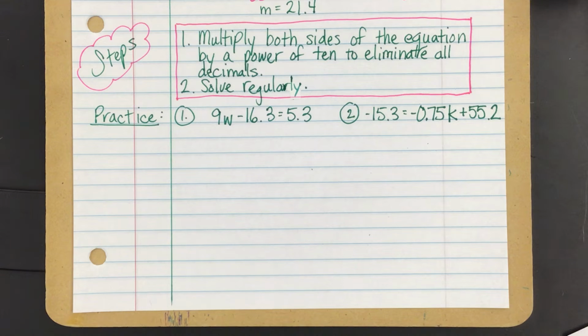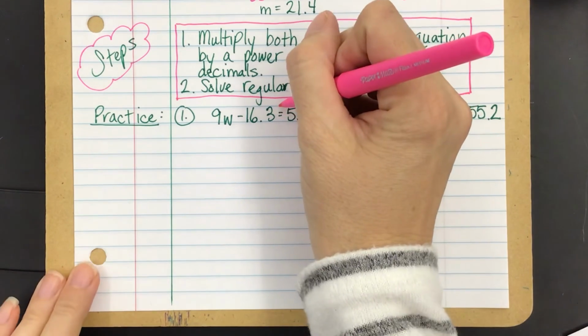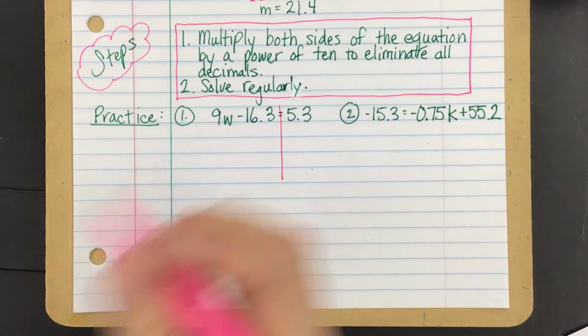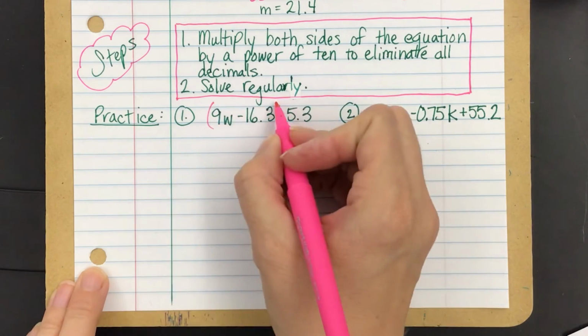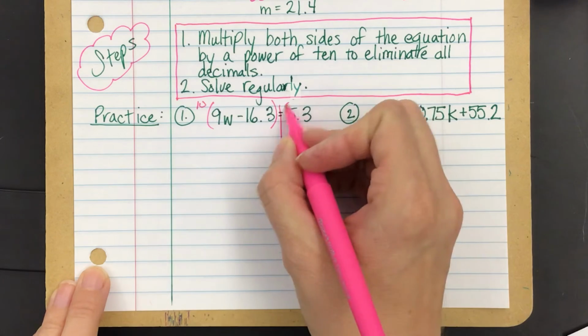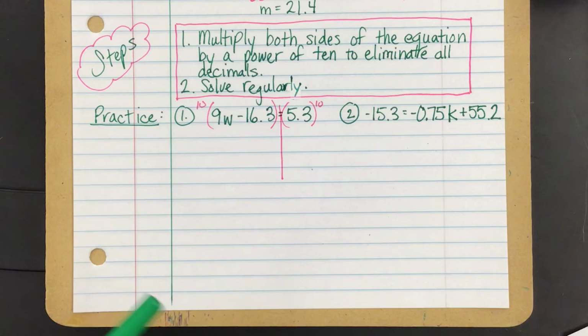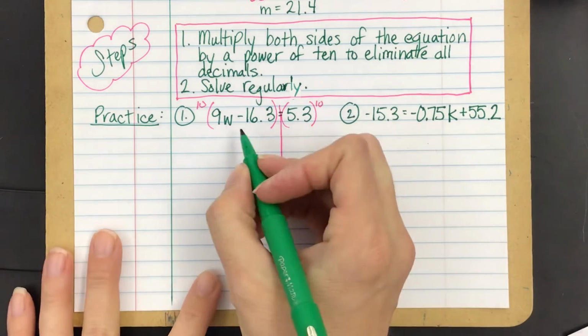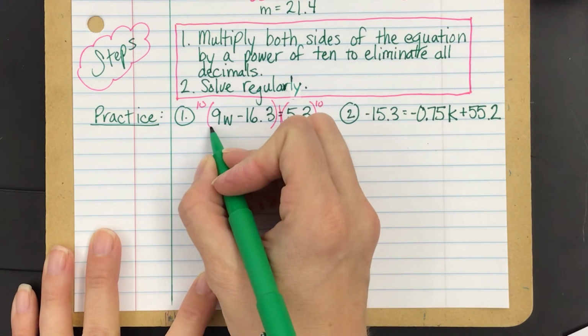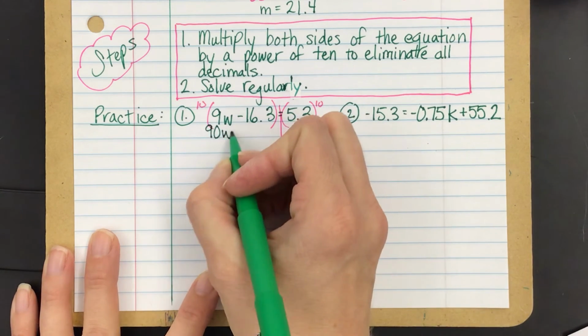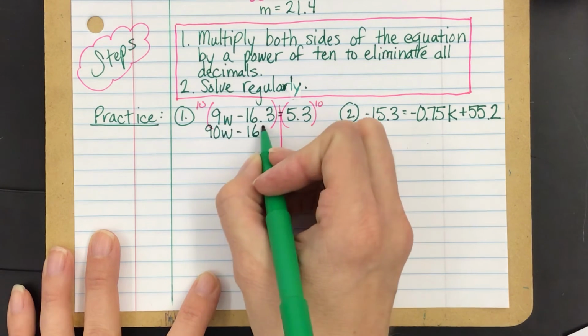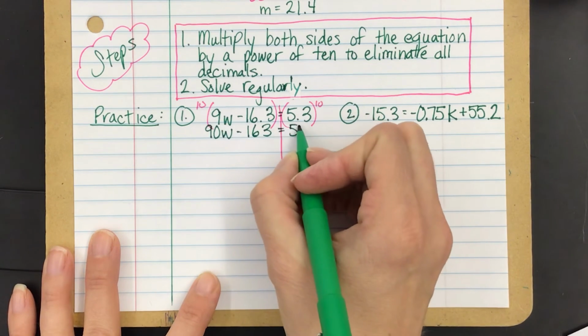Okay, let's go ahead and go over these real quick, so that way you have some time to work on your homework too. I'm going to multiply both sides by 10. Honestly, you don't even have to eliminate the decimals on this one if you don't want to, because it's a pretty clean problem. So this will be 90W minus 163 is equal to 53.